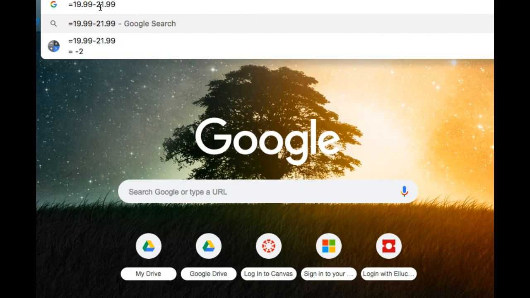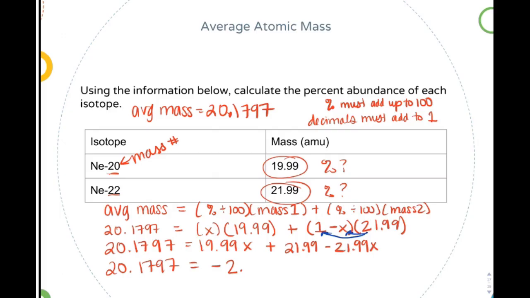So subtracting them, sorry, is negative 2. And then for sig figs, if I look at my sig figs here, I have 2 digits after the decimal, 2 digits after the decimal, so I need 2 digits after the decimal because I'm doing addition and subtraction here.